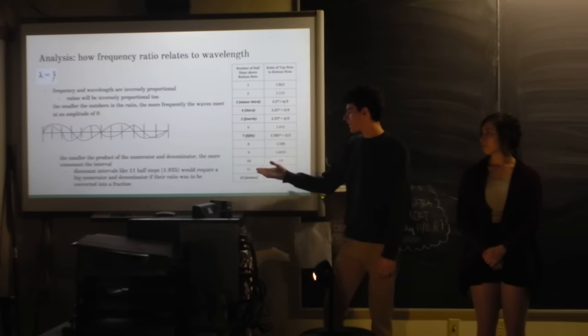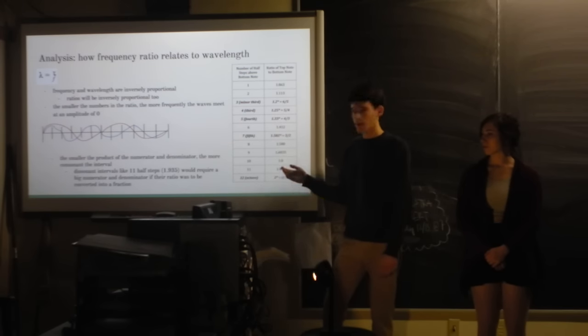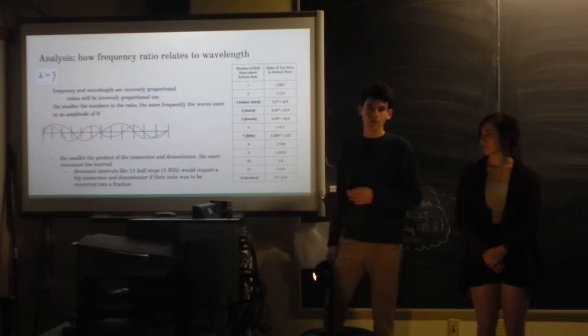And then also, like 11 half steps, 1.935, if you were to put the ratio in fraction form, it would require really big numbers on the numerator and denominator, because it's not simple. So those numbers' least common multiple would be a lot higher, and the waves would have to go a lot farther to meet up again.